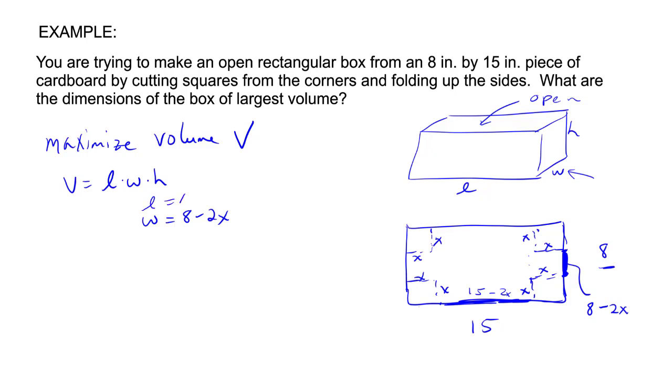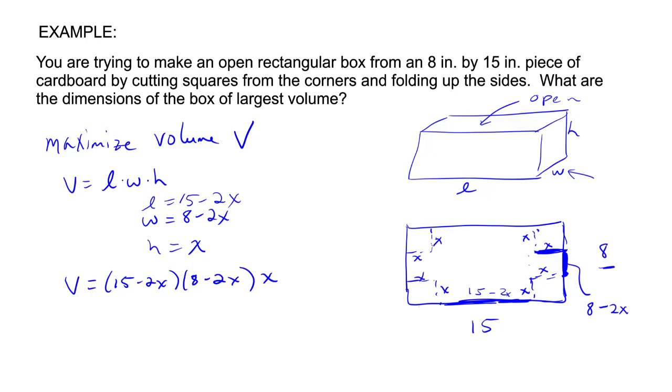So the length is 15 minus 2x, and the height is going to be this x edge, because when I fold it up, that's going to be the height. Okay, so that actually gives me that my volume is 15 minus 2x times 8 minus 2x times x.